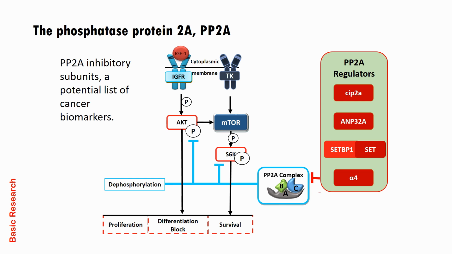Today we know a lot about these inhibitory subunits. Alpha-4 is one of them. SET has been shown to be extremely important in blast crisis in chronic myeloid leukemia. And CIP2A has gained a lot of interest in solid tumors.